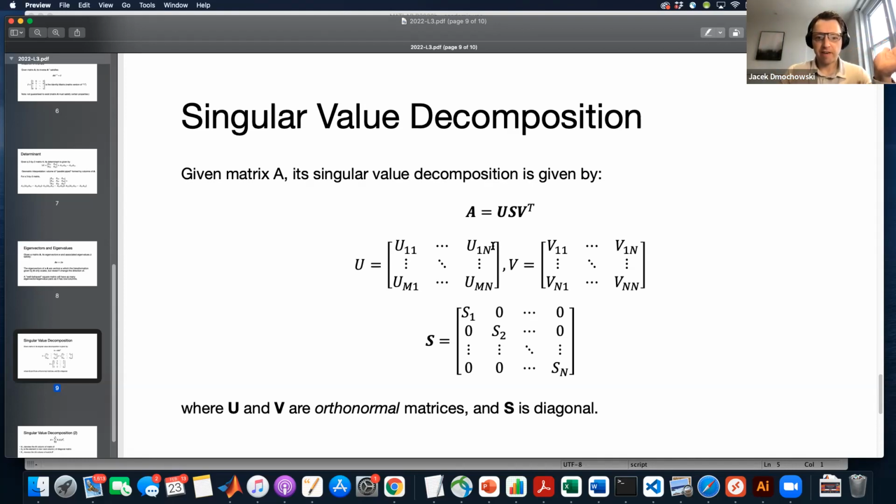These vectors in matrix U all have the same length, a length of 1, and they're all perpendicular to each other. The same thing is true about V. So basically what this decomposition is doing is reorienting your data into a set of perpendicular coordinates.